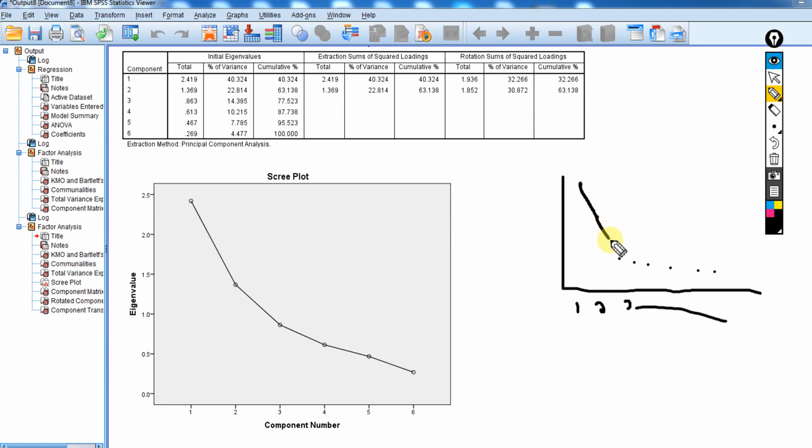And this would suggest that we're looking for where the eigenvalues level off. So in this case, it would look like we have two principal components, and everything else is rubble. So we would make the cut here and retain 2 components.